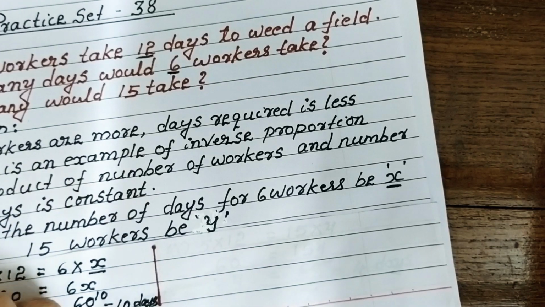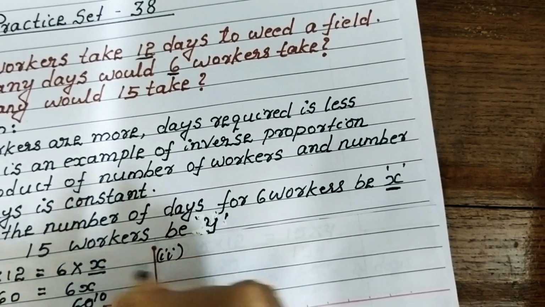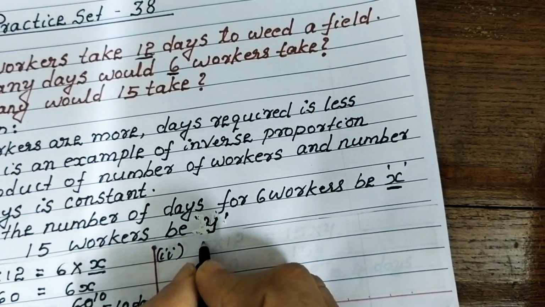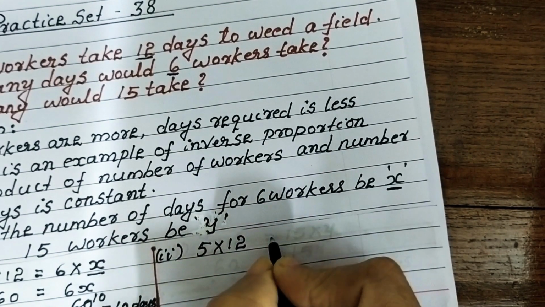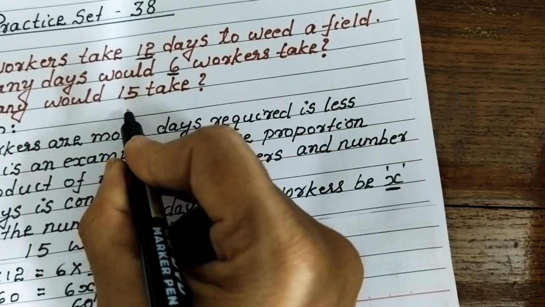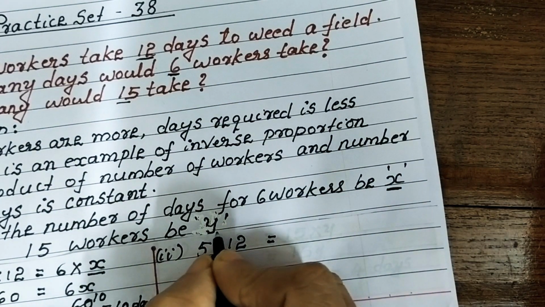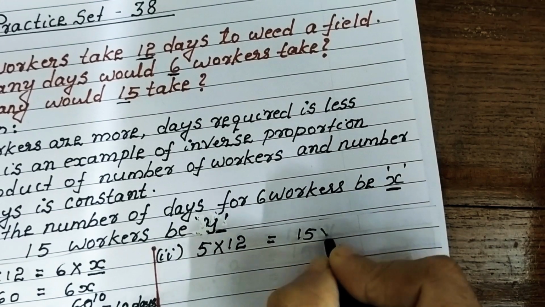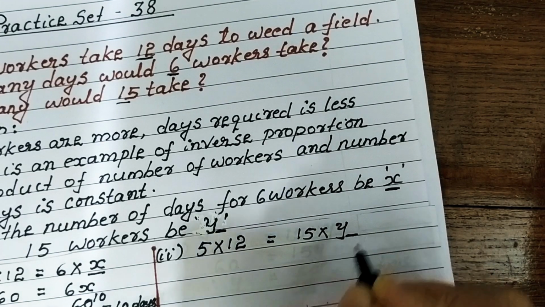For 5 workers, 12 days, product of these two quantities equals, here 15 workers, how many days? Y days. 15 workers, Y days. This Y you are going to find out.